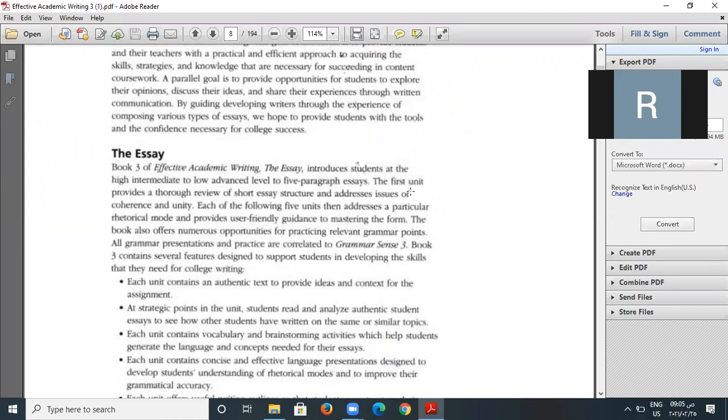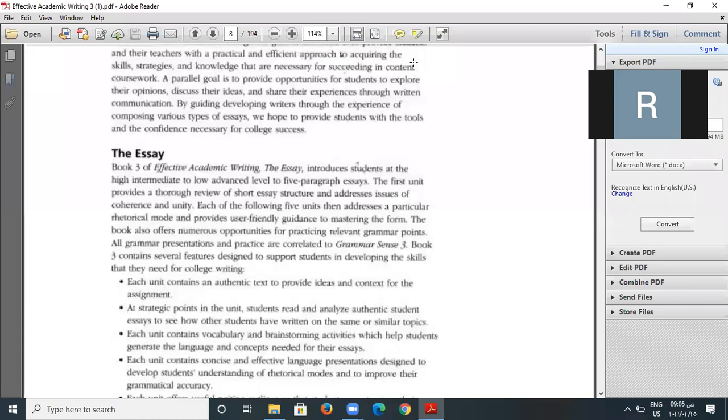It talks about how short essays are written and what the structure of short essays is. Also this chapter will be talking about coherence and unity, meaning how to write a coherent and unified essay.